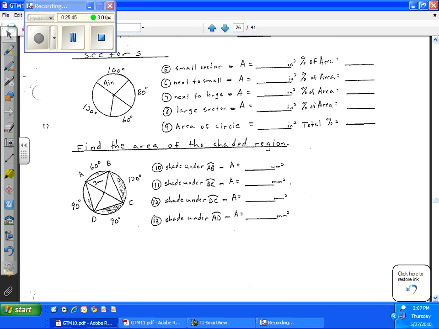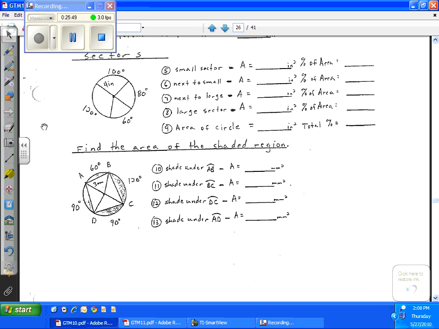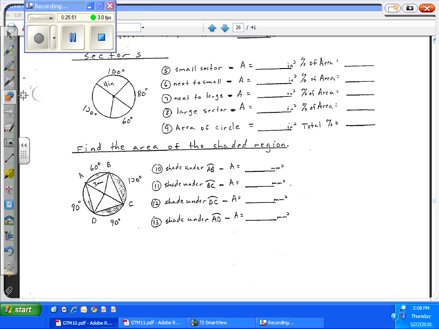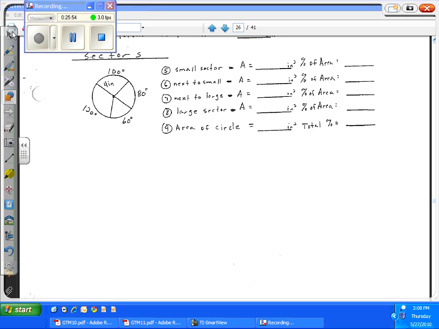Area of sector. Find the area of a sector, the small one. This is number 5. You would put the arc measure. The smallest one was 60.